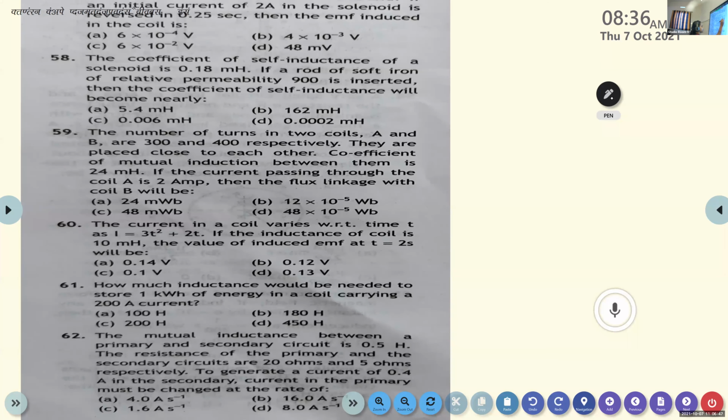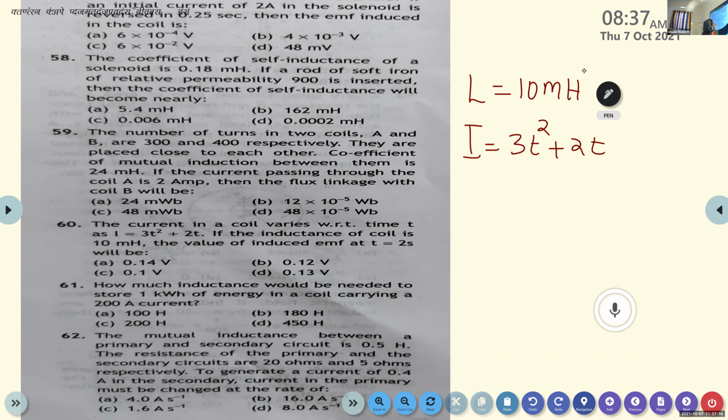So here the current is given as I is equal to 3t square plus 2t. The inductance of the coil L is equal to 10 millihenry. Then what about the value of induced EMF at t is equal to 2 seconds?